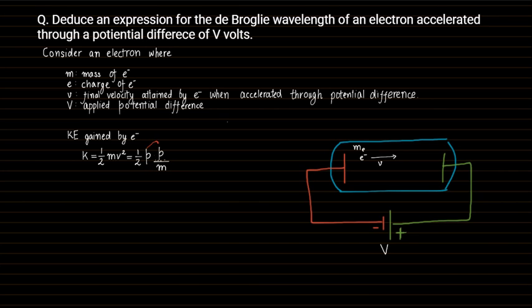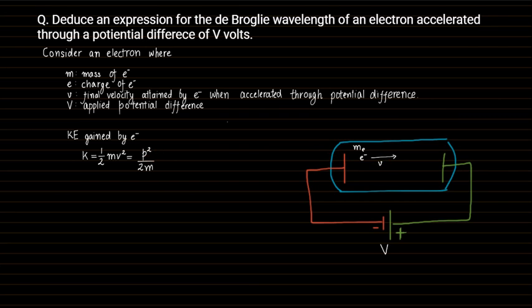It will be p square. Therefore this expression can be written as half of p square by m. Fine. So this is also the expression for your kinetic energy which is gained by the electron moving with a velocity small v, fine, where this p is the momentum of this electron.